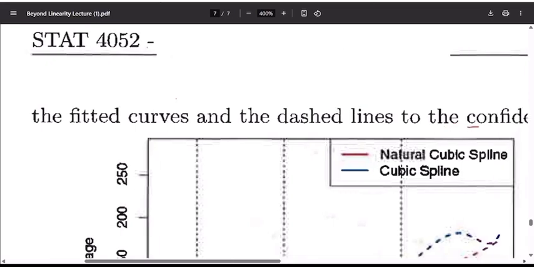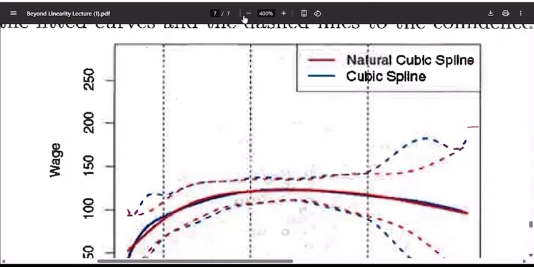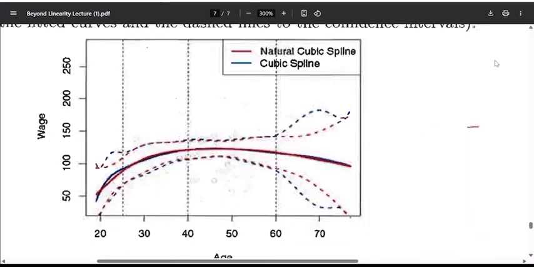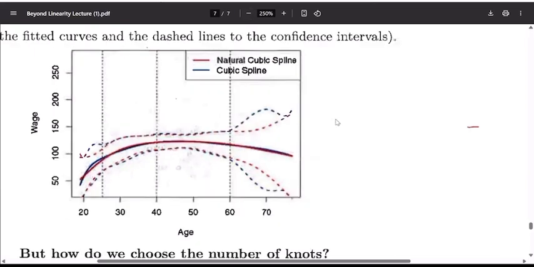Take a look at this. We fitted both cubic spline and natural cubic spline on the wage data, to model the relationship between wage and age. Please pay attention. Okay. The natural cubic spline is the one in red.